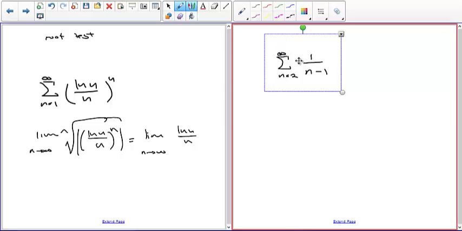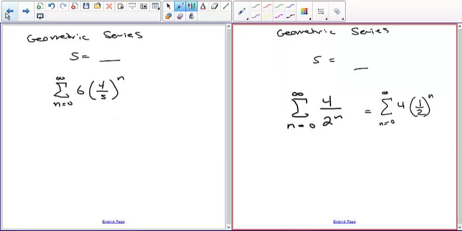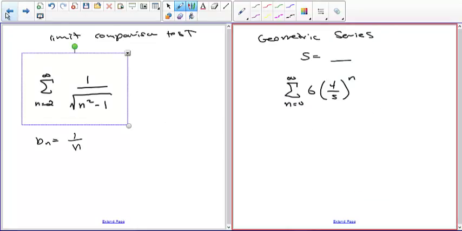This was actually a little easier. So if we go back and look at this one, here we did the same thing. We had 1 over the square root of n squared minus 1, which if you drop this, it becomes 1 over n. And we said that diverged.